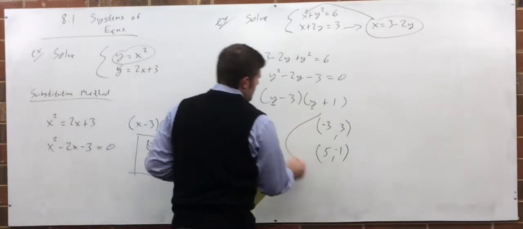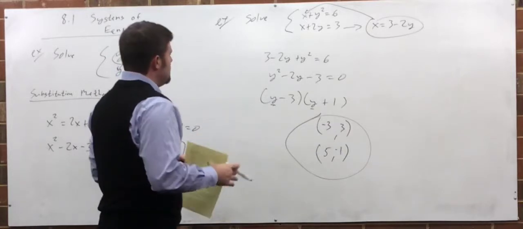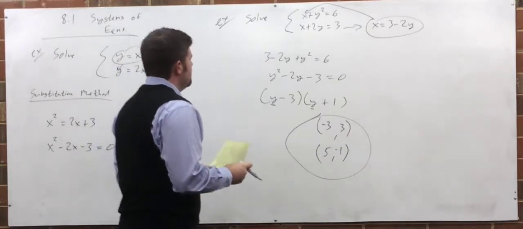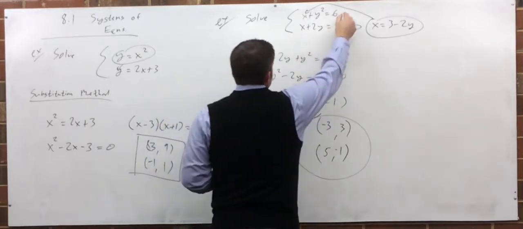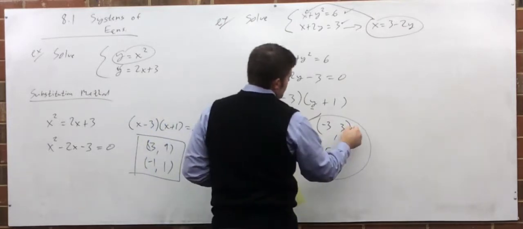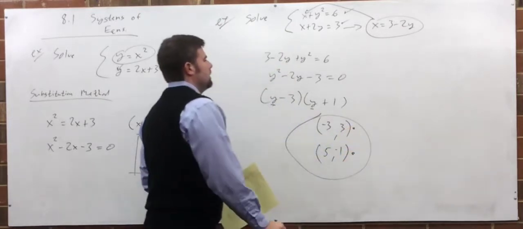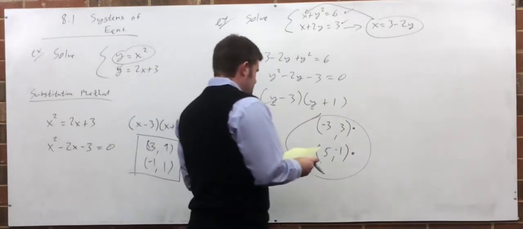So again, these are the solutions for this system of equations. Now if we were to put these on a graph, what we would find is that the graphs of these two equations intersect at these two points. And that's what is important to see here with these systems of equations.